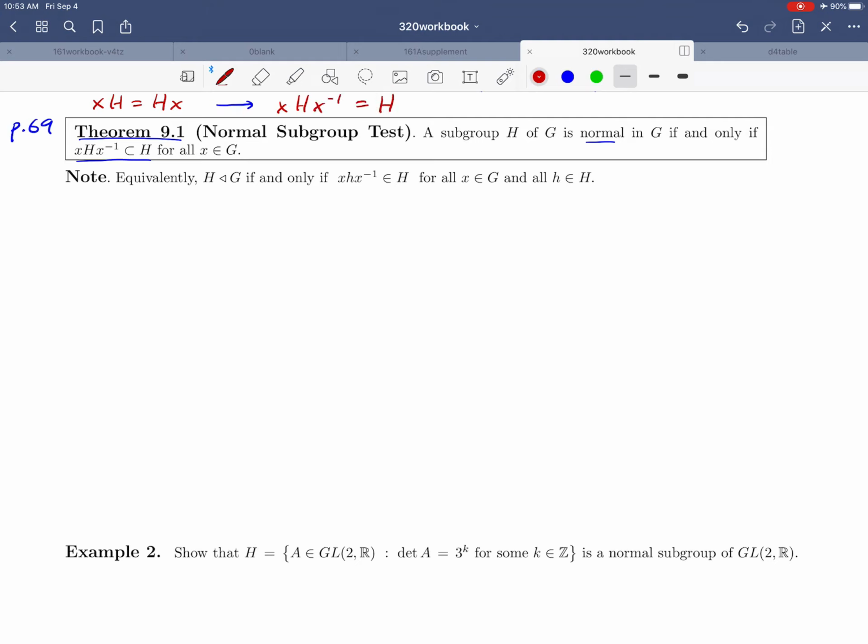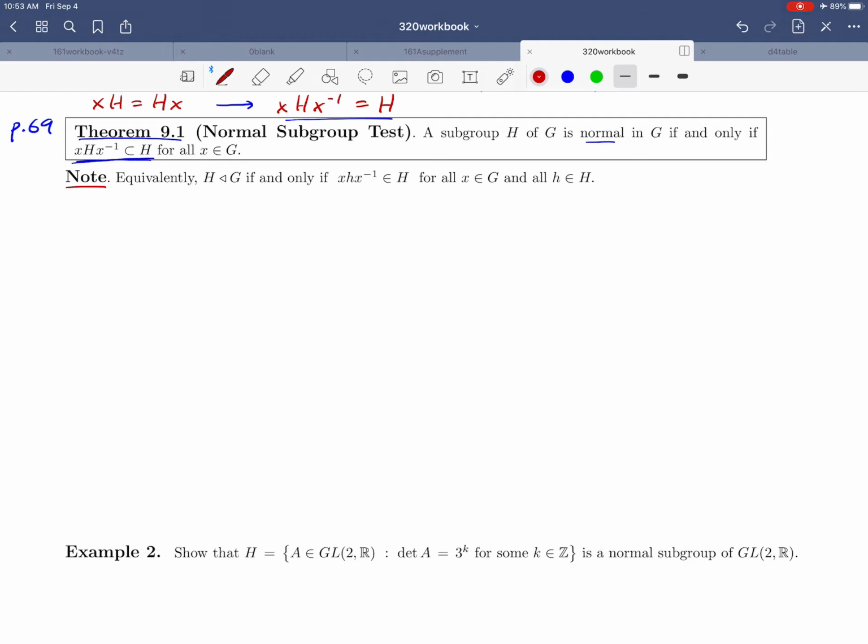The X and the X inverse on the right-hand side would cancel out, and notice that this statement looks an awful lot like what we have here. That's really what makes this theorem work. Now, to rigorously prove it, we'd have to do a little bit more than that, but that's the basic gist of it.